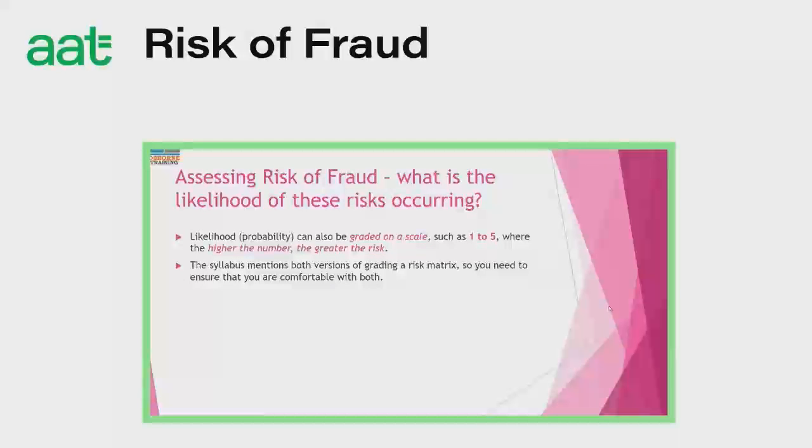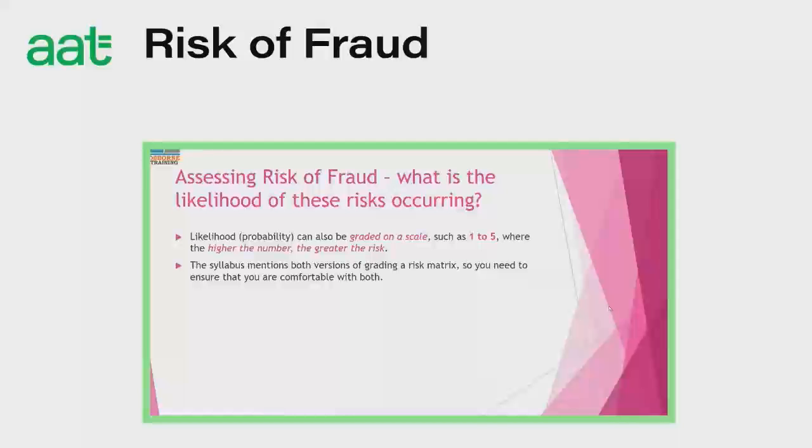Excellent, well done. We also need to be aware that our likelihood can be graded on a scale, so 1 to 5, where the higher the number, the greater the risk. Okay, and I've put that in there because, as you can see, the syllabus mentions both versions of grading a risk matrix.